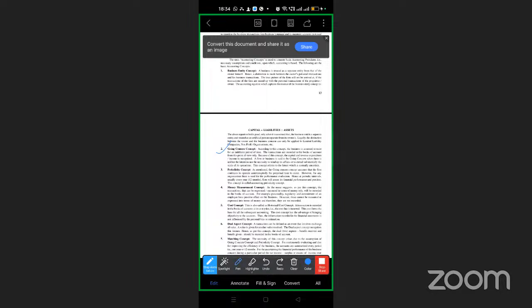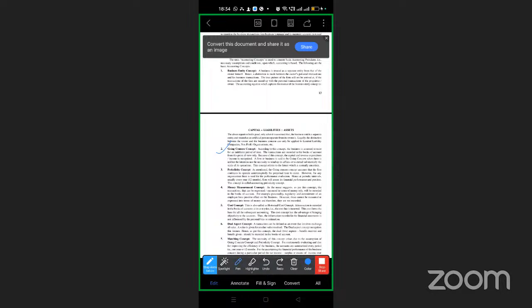Whether the owner exists or not, the business will run for an infinite or indefinite period of time. On the basis of this only, we prepare the accounts, and on the basis of this only, we take the value of assets and liabilities into consideration.